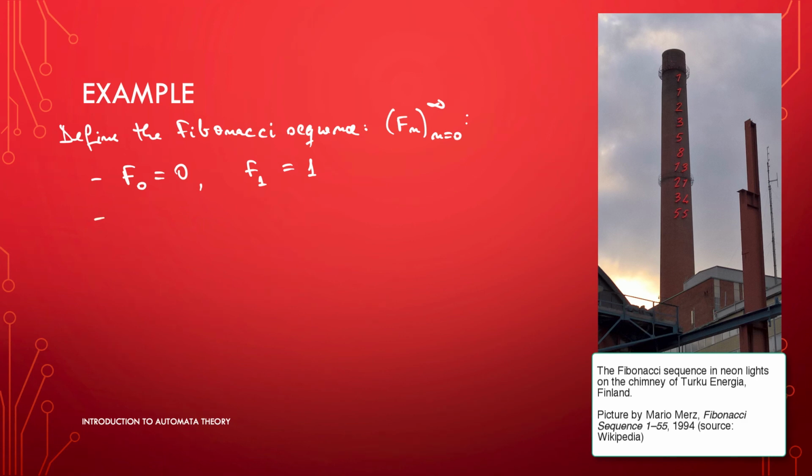And then the recursion is going to be, I define f_(n+2) to be equal to f_(n+1) plus f_n for all n greater than or equal to 0. So you see, again, the same spirit. I define the terms of this sequence in terms of some values of earlier terms in this sequence. In our case, the (n+2)th term is the sum of the (n+1)th and the nth term. And for this to be well defined, I have to define the initial values. And in our case, I define f_0 and f_1.